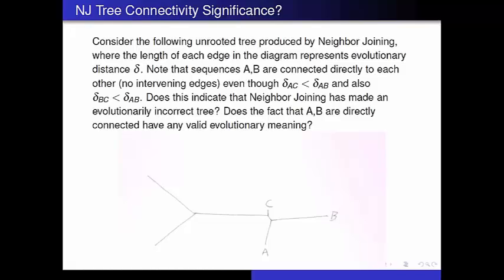In other words, the sum of that path is a shorter distance than certainly that path, or say that path. So actually, delta AC be the minimum distance out of all possible pairwise distances in this tree.